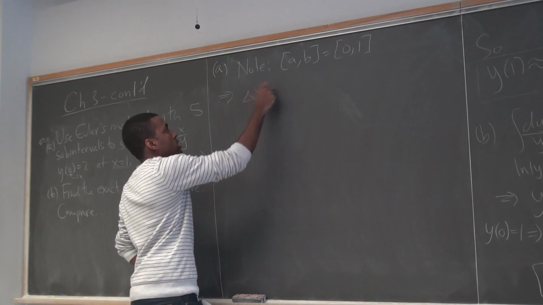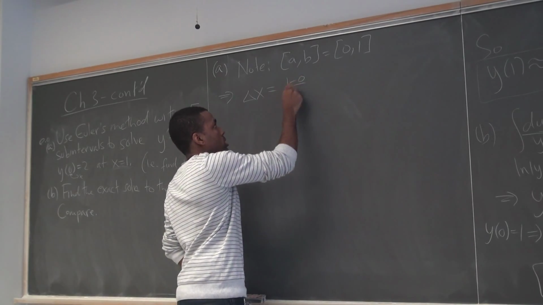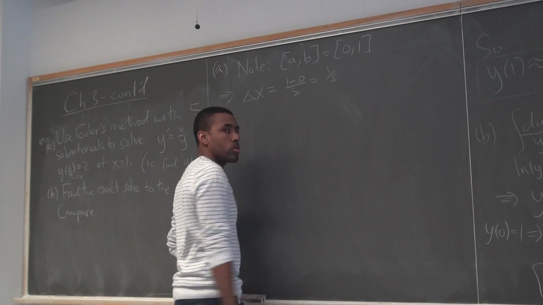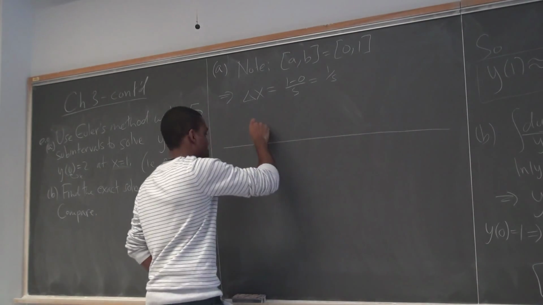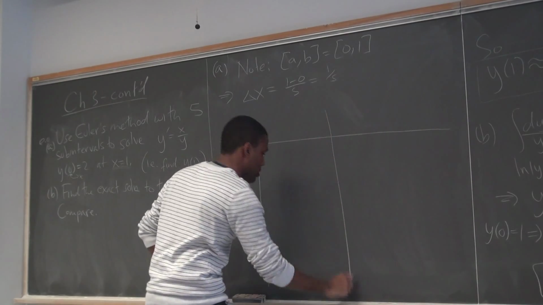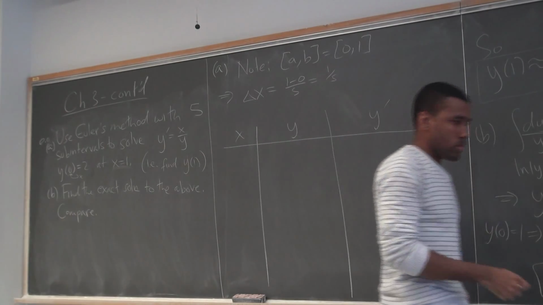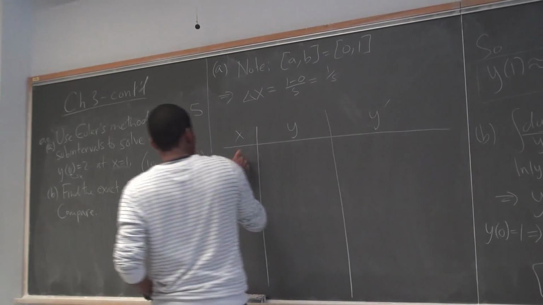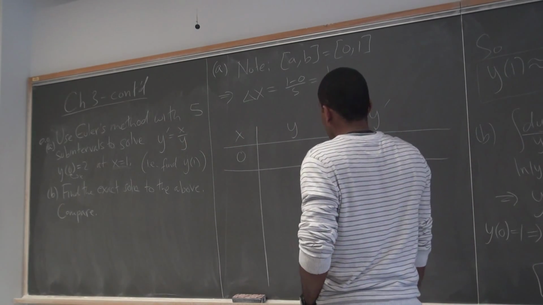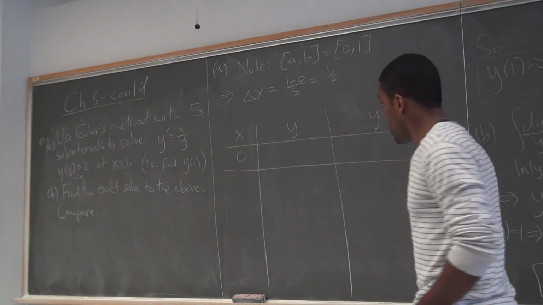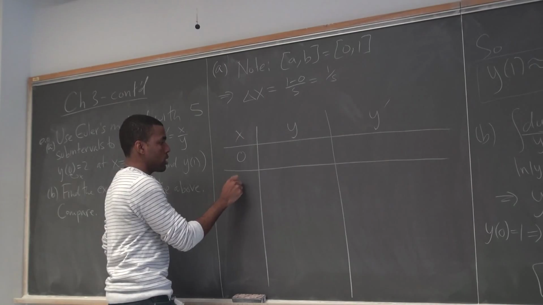This means your delta x is equal to 1 minus 0 over 5. So 1/5 is 0.2, which means you just jump by 0.2.